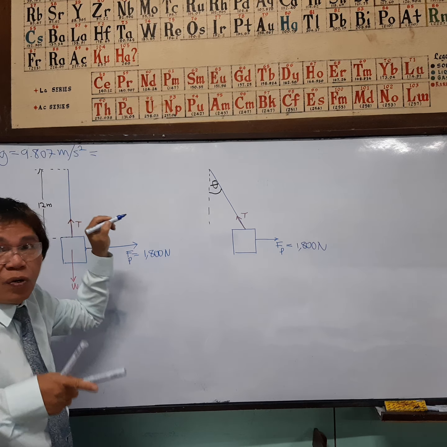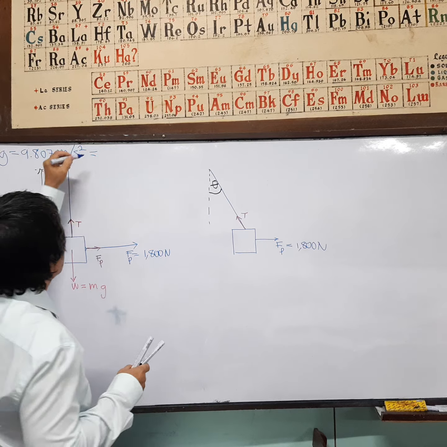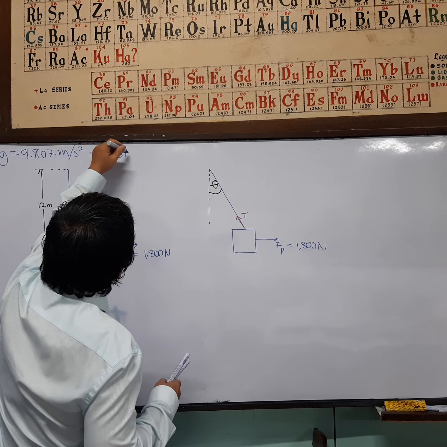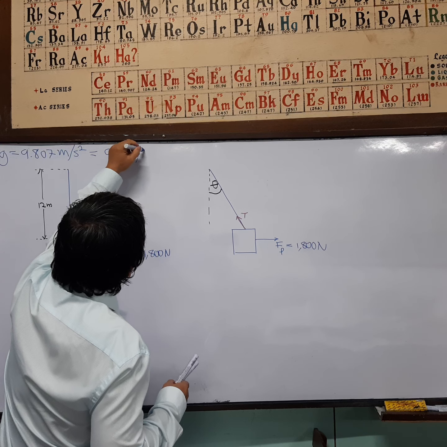That is why the book is using 9.81 meters per second squared.